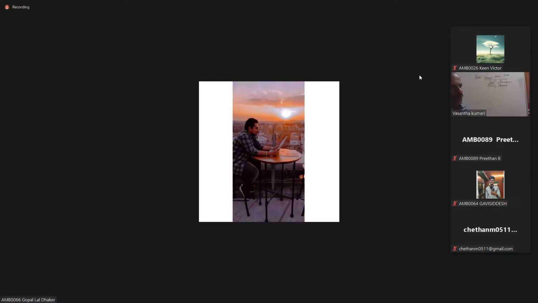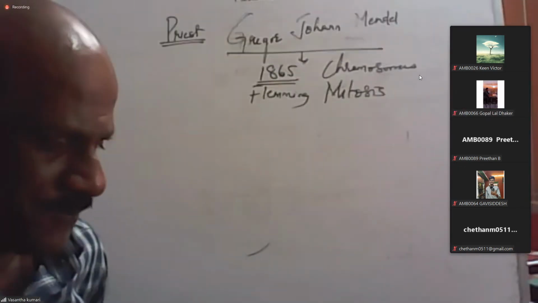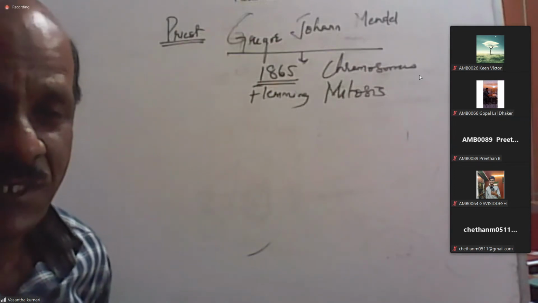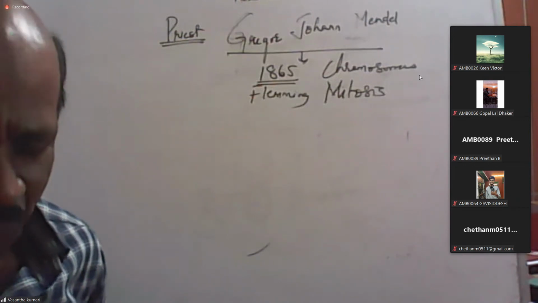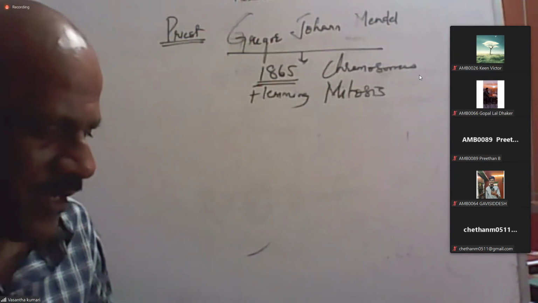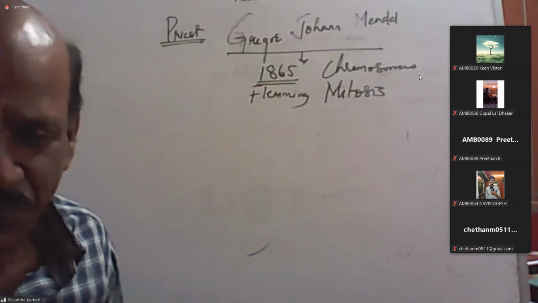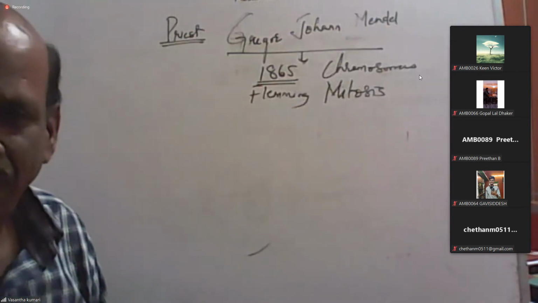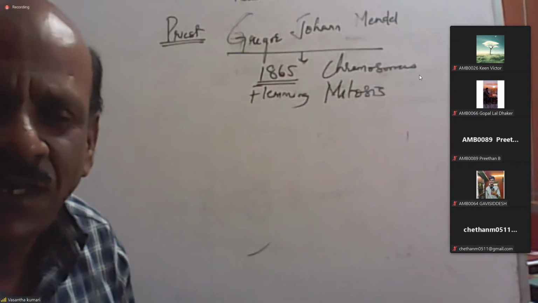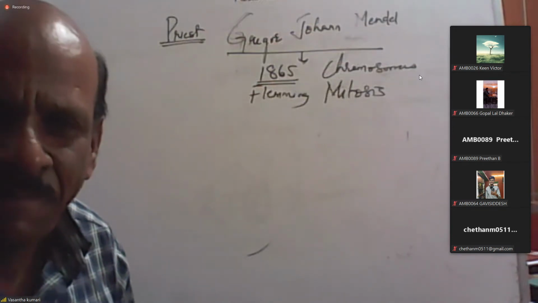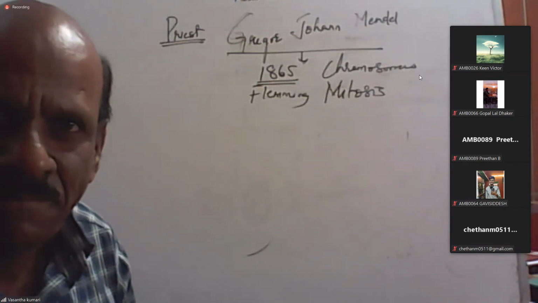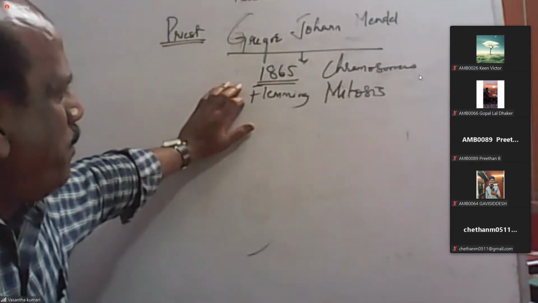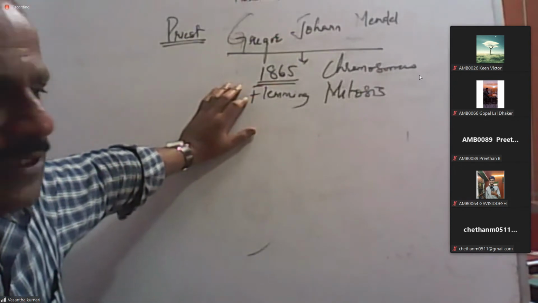Sir, equational division. No, what is mitos? Mitos is threads, division of threads. Chromosomes were actually visible as thread-like structures, and they saw that the threads were dividing. So this is nothing but the division of the threads. Did you get it? Is it clear? Well, when did Fleming propose mitosis? It was in the year 1894.